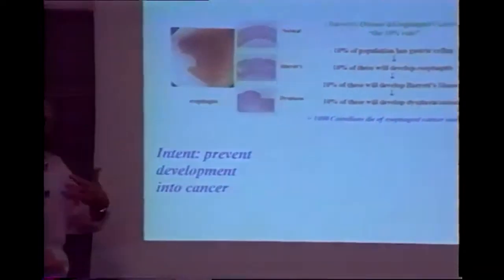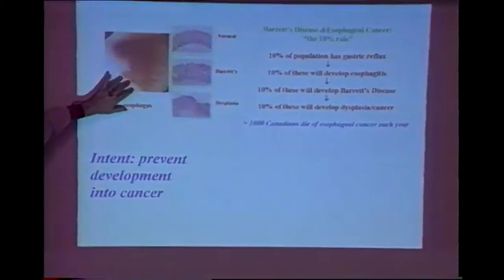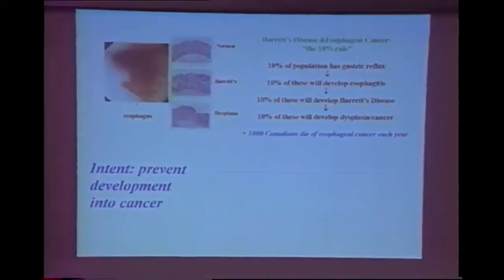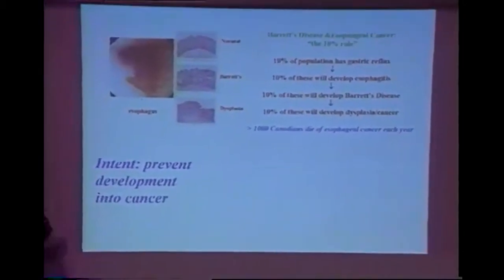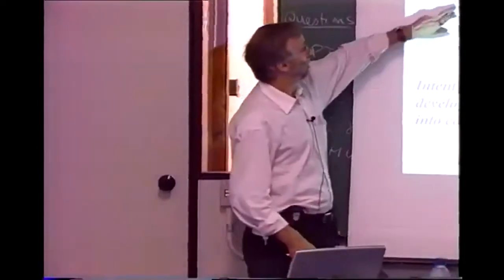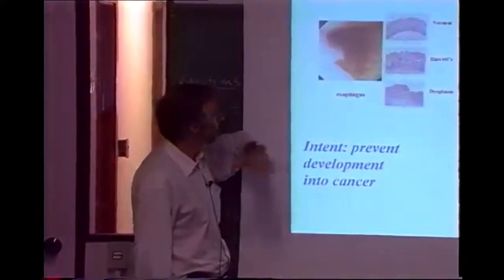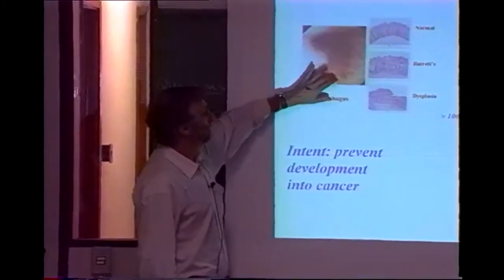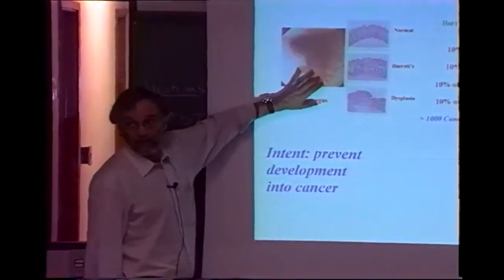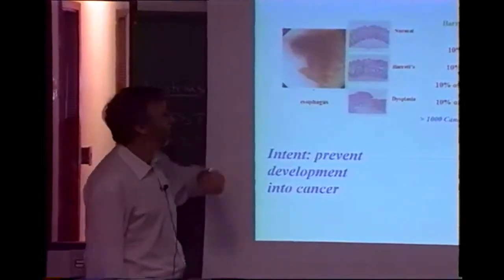So if you have reflux chronically over long periods, the surface, the mucosa of the esophagus, becomes transformed, and instead of being this nice white squamous tissue, it starts to look like the lining of the stomach or the colon, which is columnar.